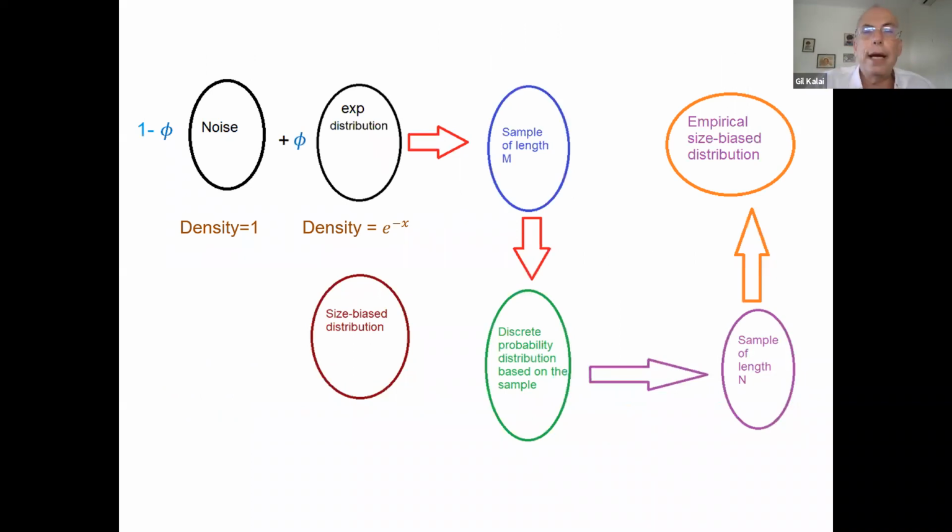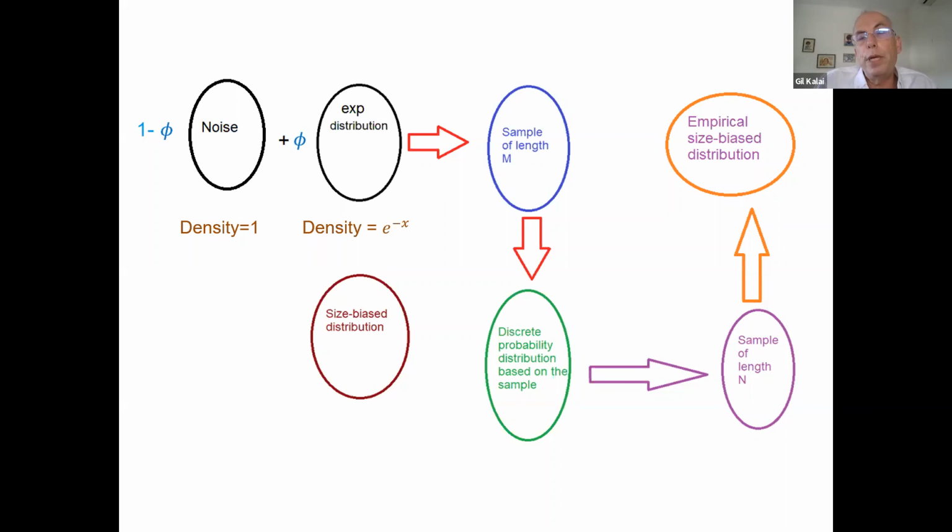Okay, here is again my basic picture. We have a mixture between an exponential distribution and the noise, which is represented in the model case by a constant distribution. And then we move from it to a discrete probability space of size m.